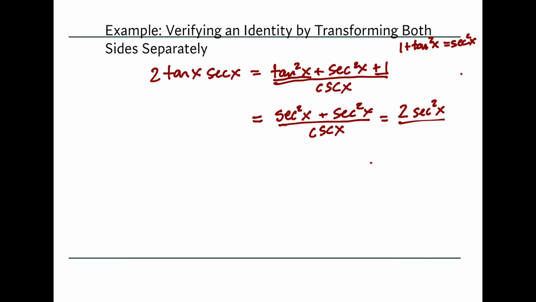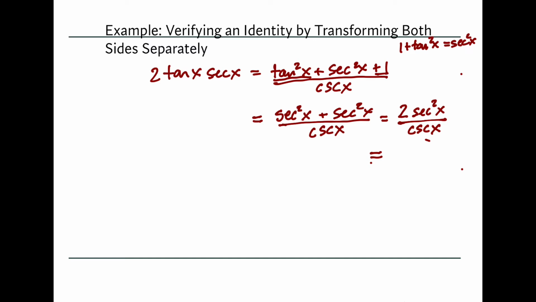And we have this over cosecant x. So we have 1 cosecant x on the bottom, 2 secants on top.